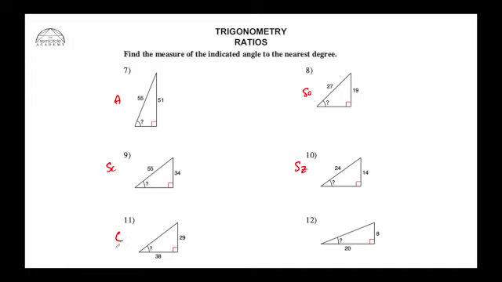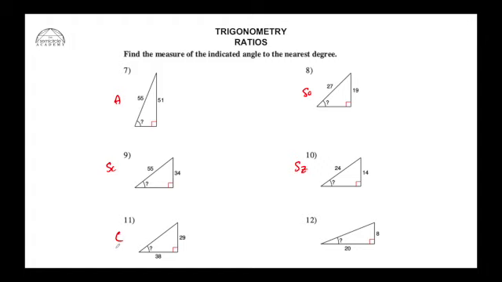I'll give you all 2 minutes. What we want to find is what that angle is there, and of course you have to look at what you have. You have to look at the sides that you have, identify those sides, and then decide which one of the ratios you want to use, whether it's sine, cosine, or tan.